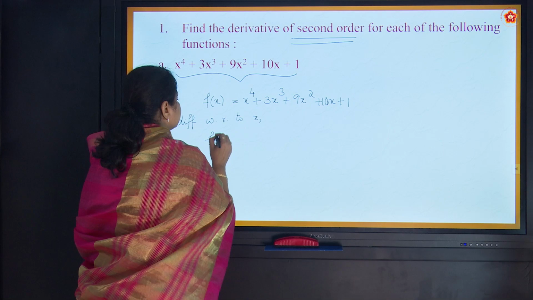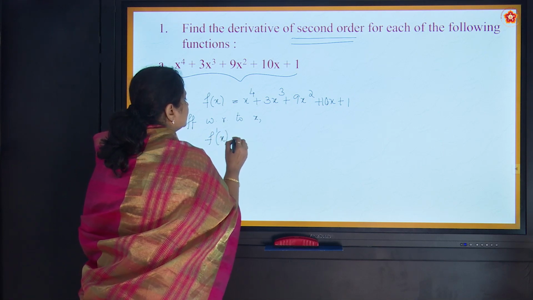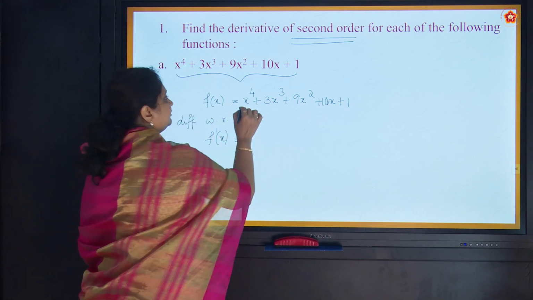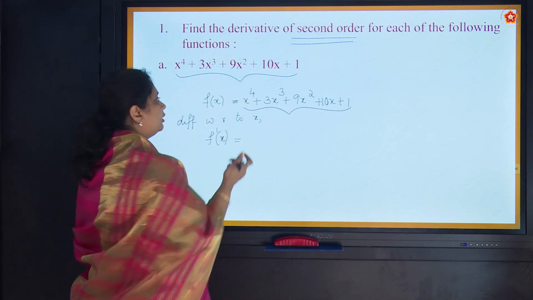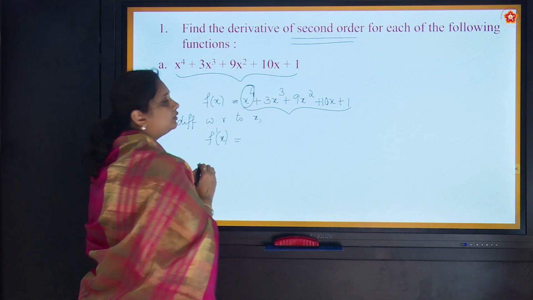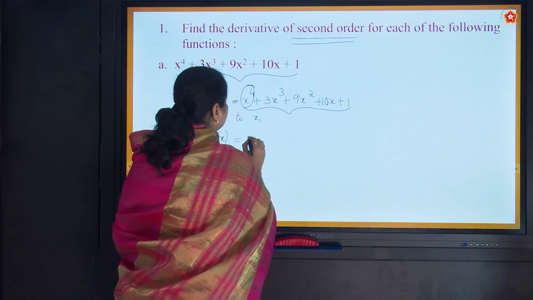So that is represented as f dash of x will be equal to, when we differentiate this, we know how to differentiate a polynomial, x power 4 using Newton's power rule.